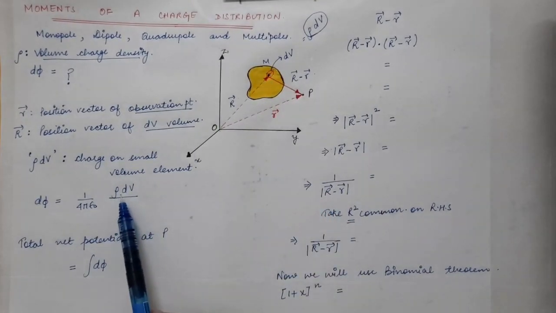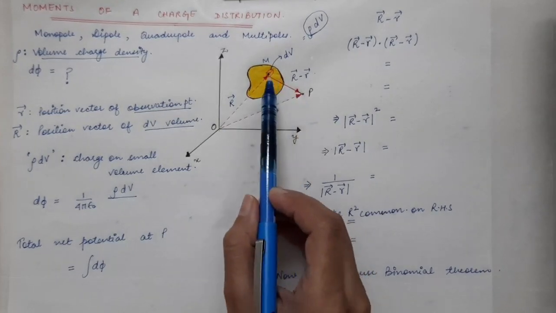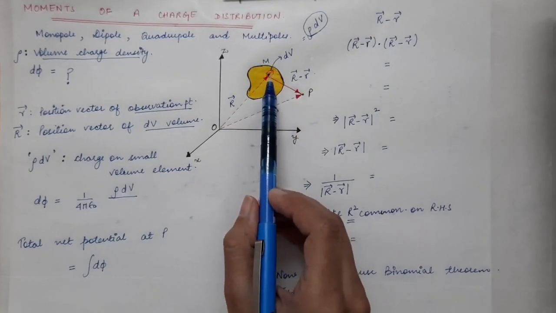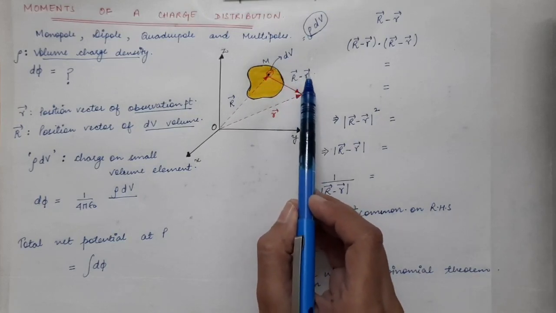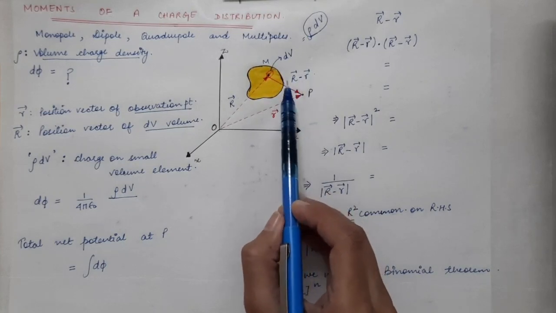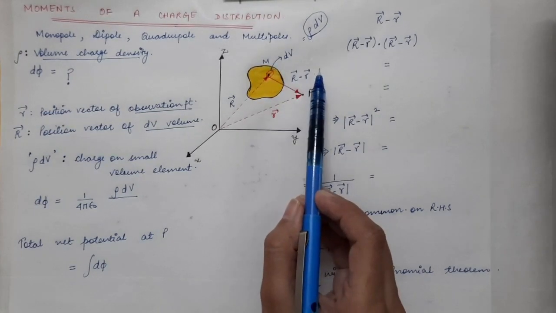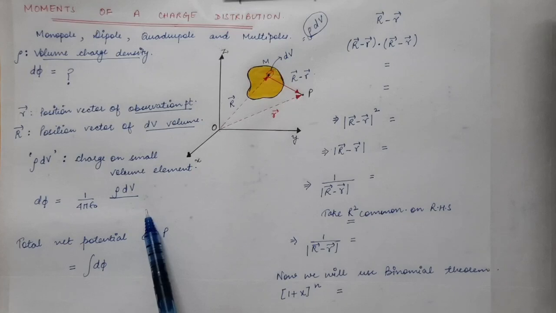So here we will have rho dV divided by the distance of the observation point from this volume element. That will be just given by the magnitude of R vector minus small r vector. Because R vector minus small r vector gives us a vector quantity, but in the formula of potential, in the denominator, we always have a distance.